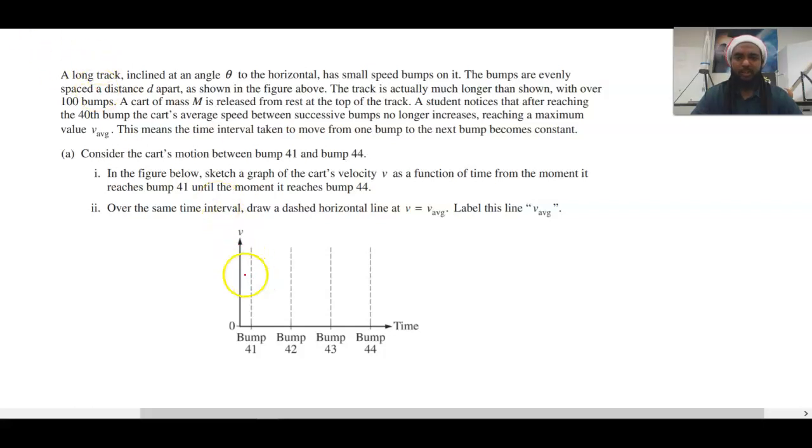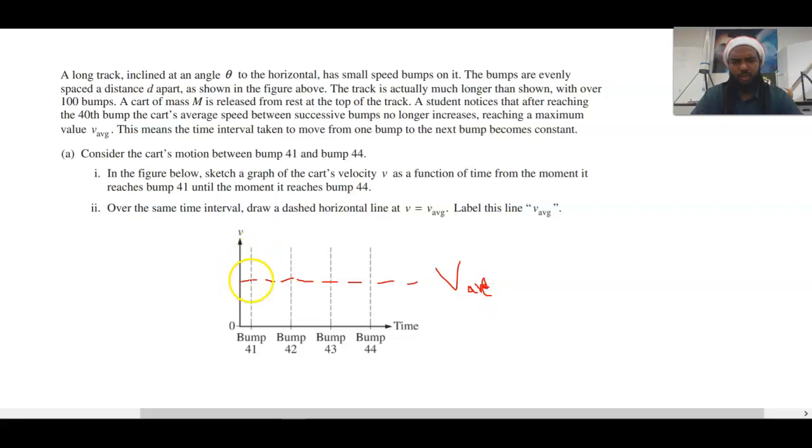Now I'd be inclined to do the second one first, and I would put just at any random point here, and I apologize for my lines, but that should be a horizontal line. That's going to be V average. That's my average velocity. Now the question is, what are the velocities in between the humps going to do compared to that average velocity?